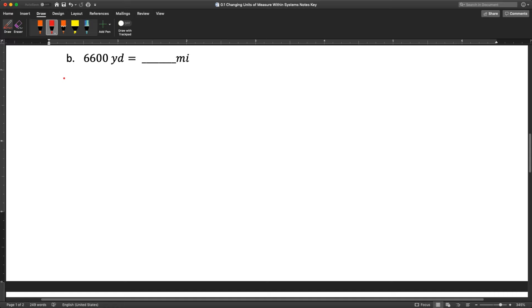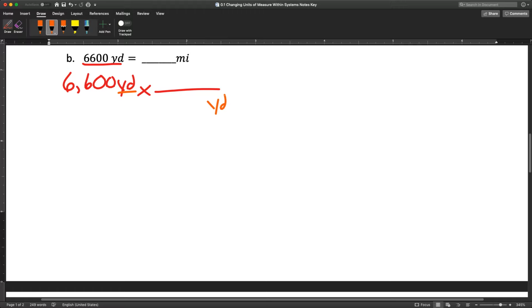So we're going to use dimensional analysis. We start out with what we are given, and what we are given is 6,600 yards. So I'm going to write 6,600 yards. Now I'm going to multiply this by a fraction. And when I multiply this by a fraction, I want to make sure whatever term I'm trying to get rid of, in this case yards, is on the bottom.